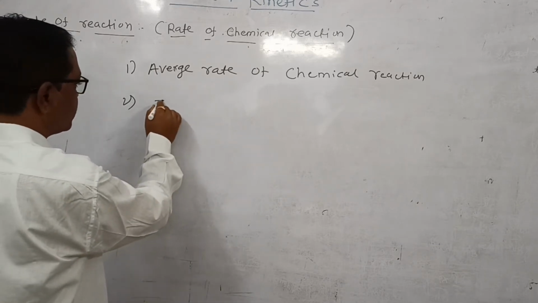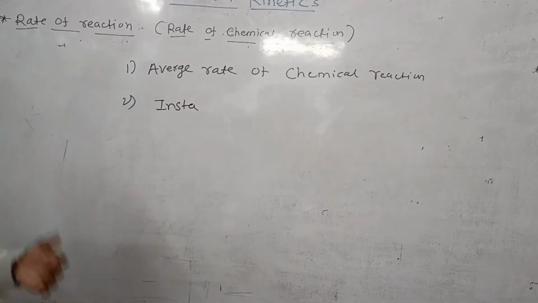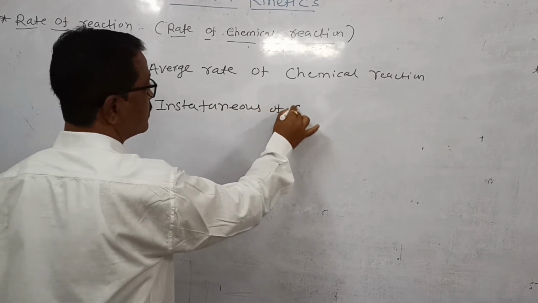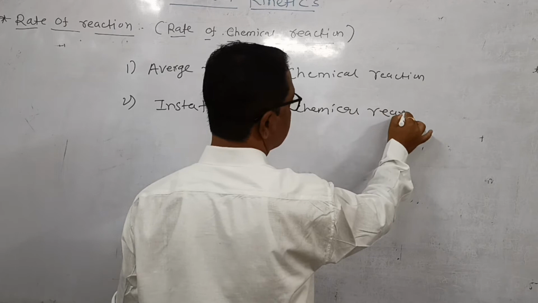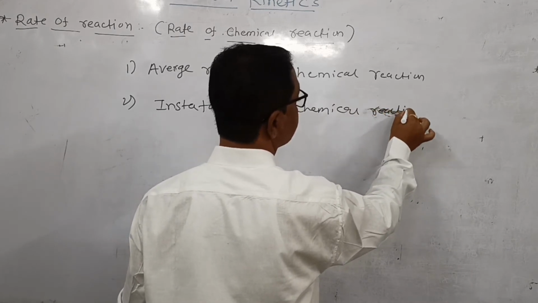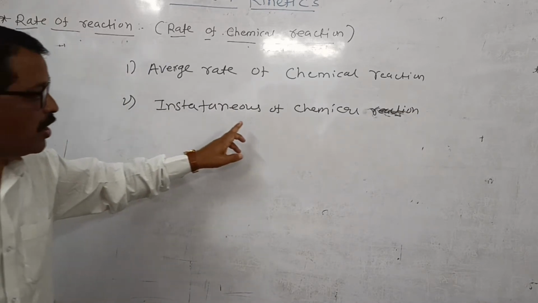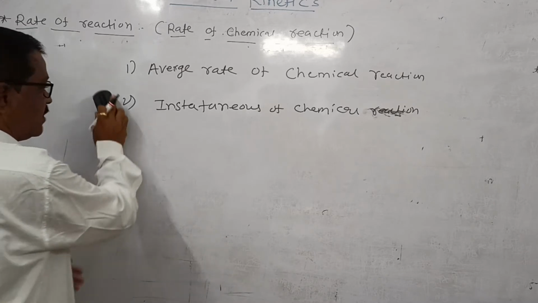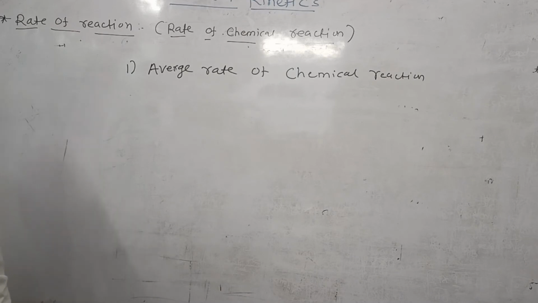Number two, instantaneous rate of chemical reaction. Study them one by one. Number one is the average rate of chemical reaction.